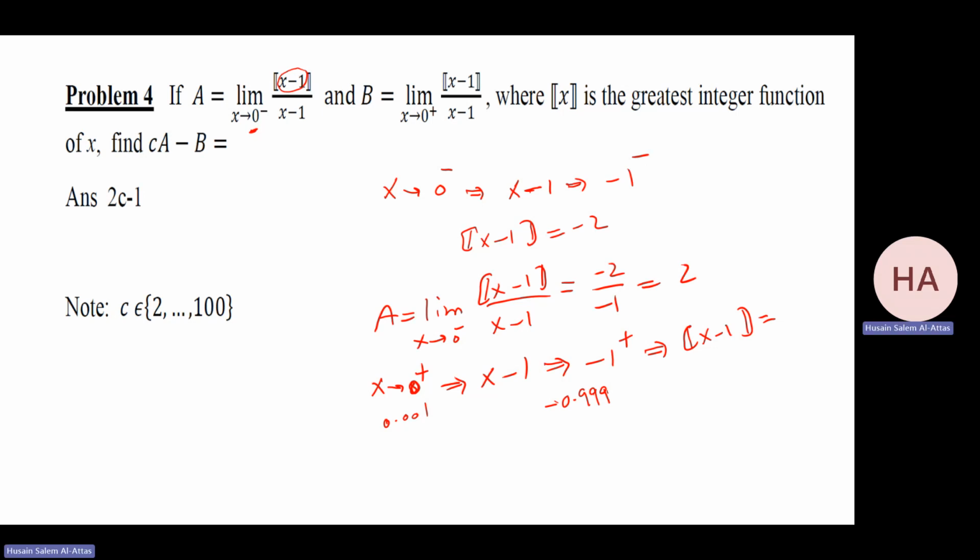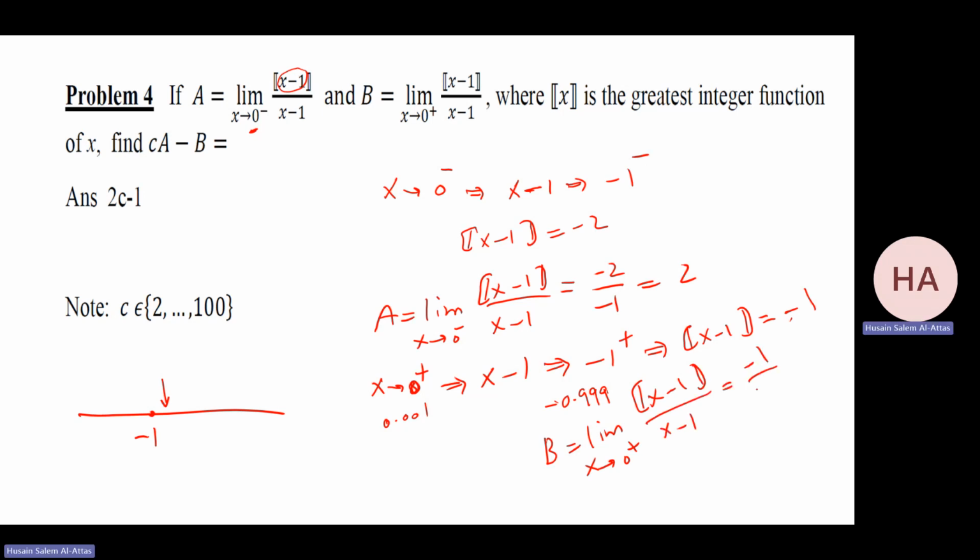Now, this is minus 1 from right. So now what is the greatest integer of this? That will be minus 1. So what will be B, which is the limit as x goes to 0 from right of this?